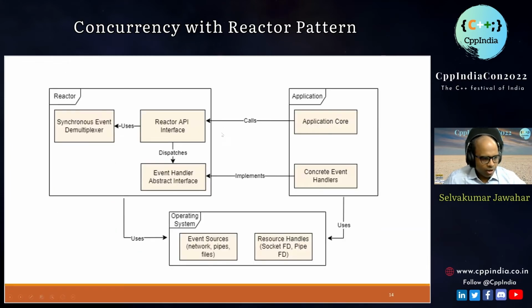So these are the different components of a reactor. You have this application, which has an application core, and you have a reactor. Let's first see what the different components in a reactor are. The main component of the reactor is the synchronous event demultiplexer.